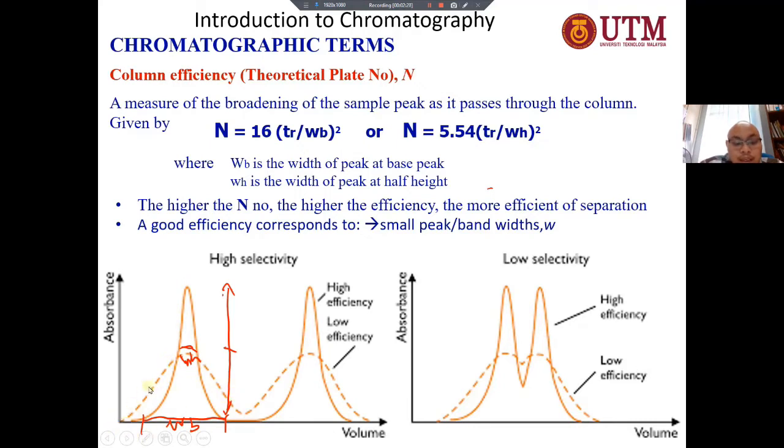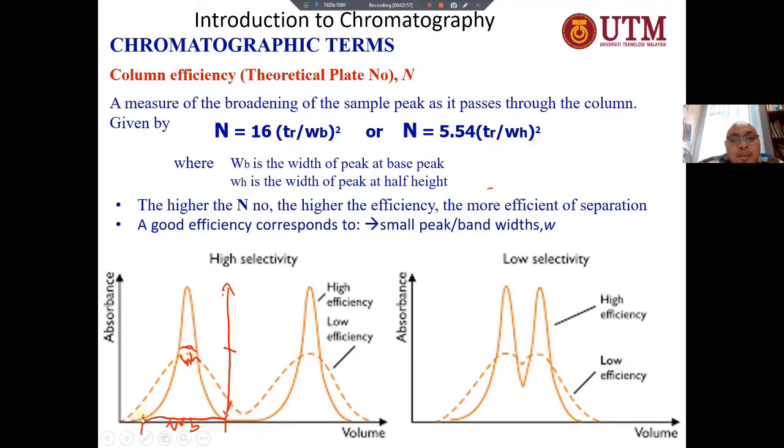In the dotted line chromatogram, the peak is broadened. When the peak is broadening, it becomes broader, and the height of the peak is also lower, so it will decrease the sensitivity of the analysis.